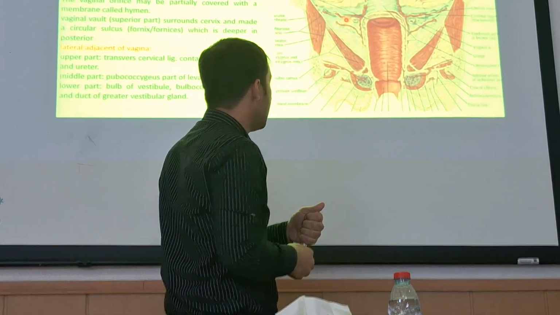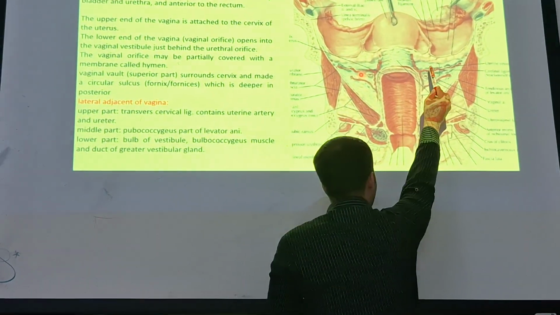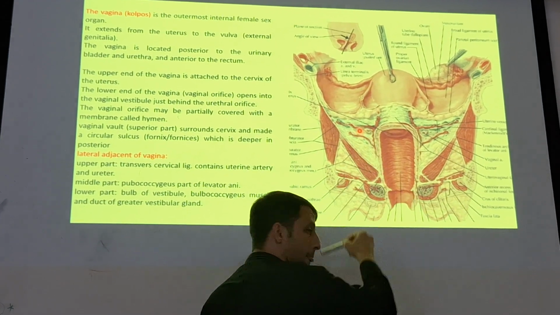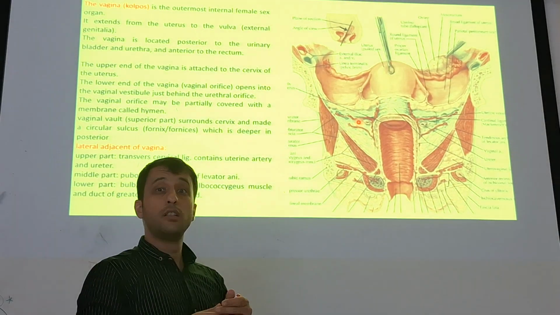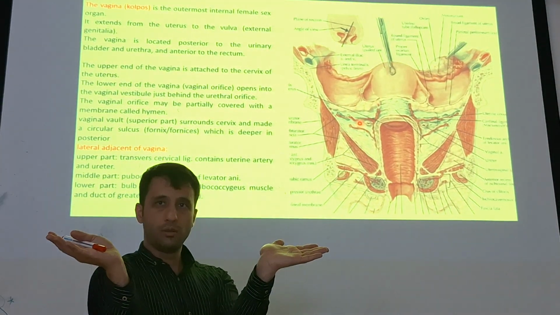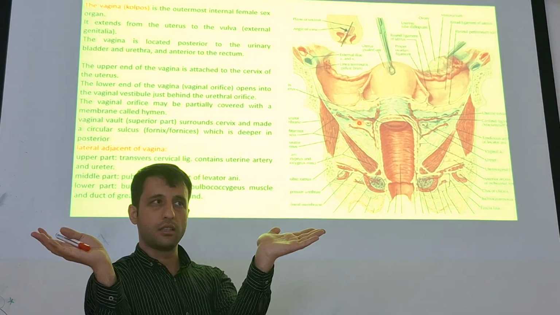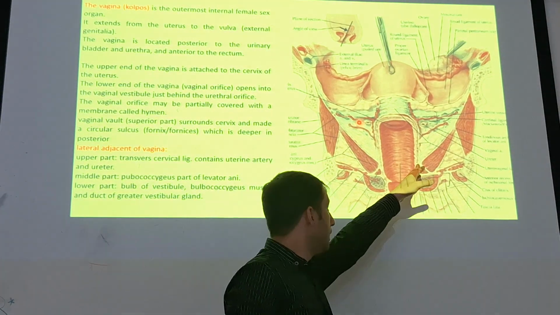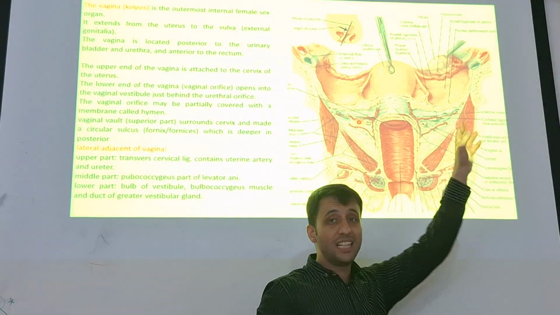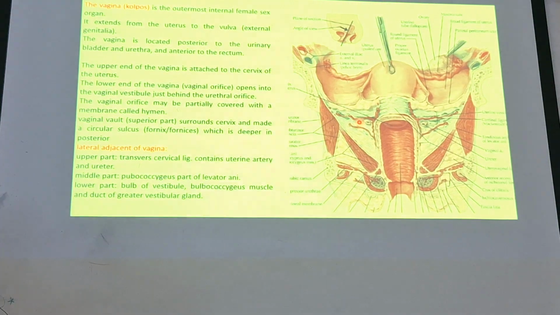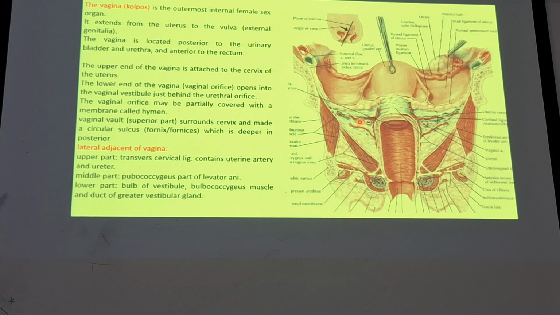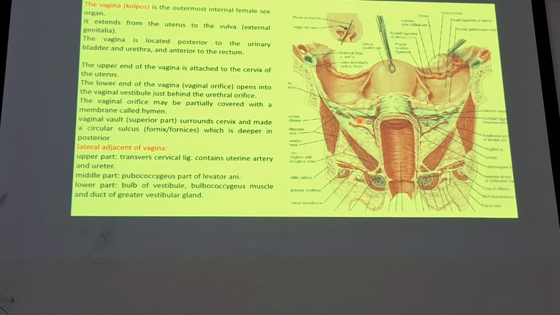The vagina in the lateral surface is adjacent to this ligament. What was this ligament? Transverse cervical, okay, or cardinal ligament. The transverse cervical or cardinal ligament is located in this area. Also, in the transverse cervical ligament, we have the uterine artery, which are very near and close together in this area.